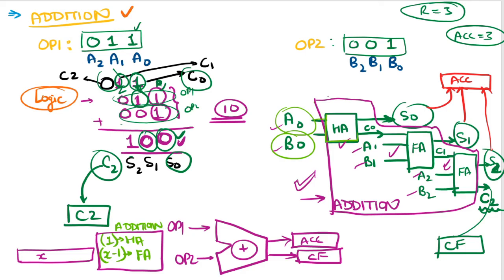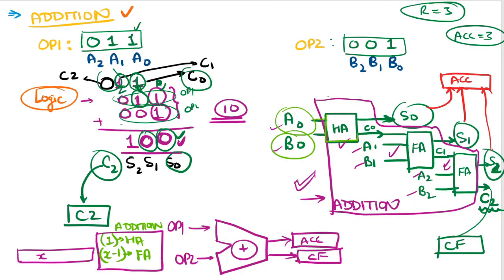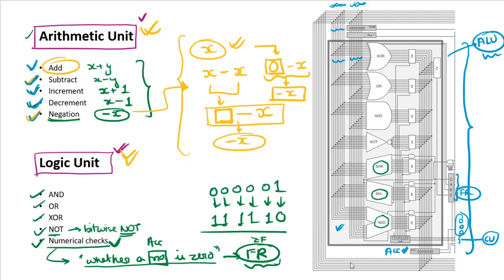So again, this is just to give you an idea of how these black boxes are implemented. Everything here is a hardware component, right? All these implementations are just an intricate or complex network of logic gates.